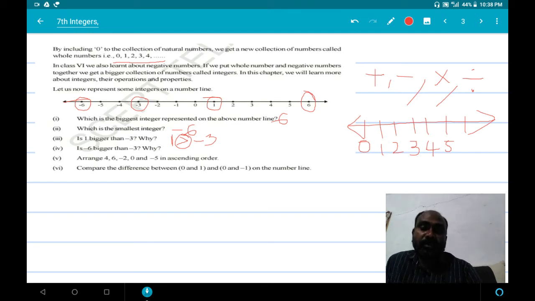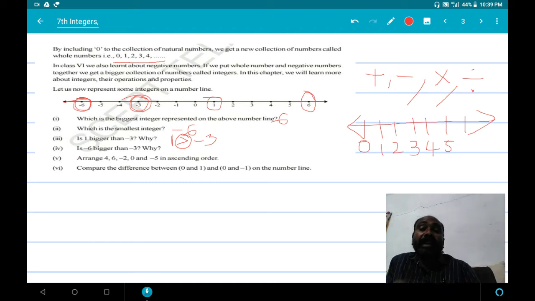Okay. Another question. Is minus 6 bigger than minus 3? Here two negative numbers. Which is bigger? Here where is minus 6? Here minus 6. Where is minus 3? Here minus 3. So which is bigger?